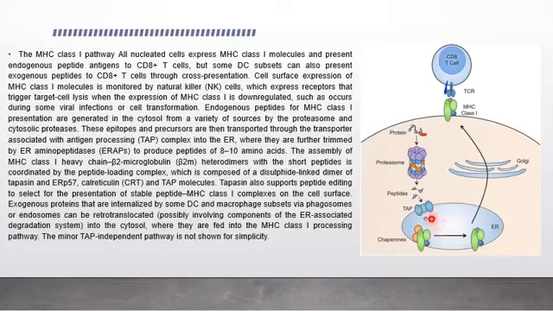This transportation occurs through a pore formed by a protein called TAP, which is the transporter associated with antigen processing. TAP consists of two subunits, TAP1 and TAP2.